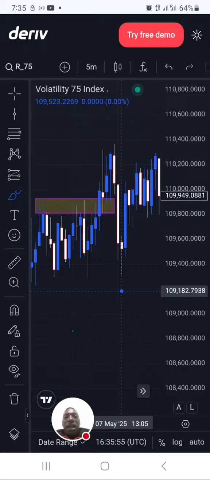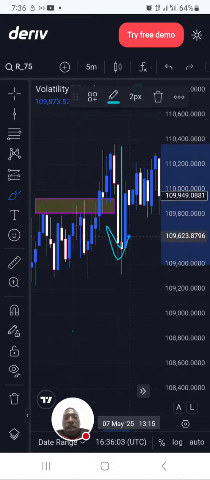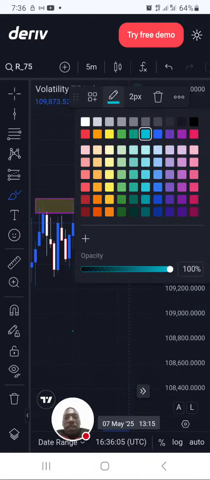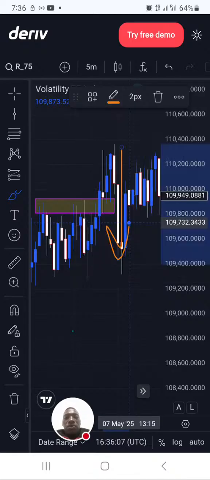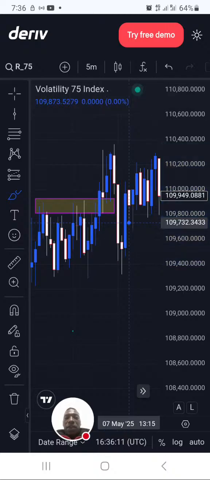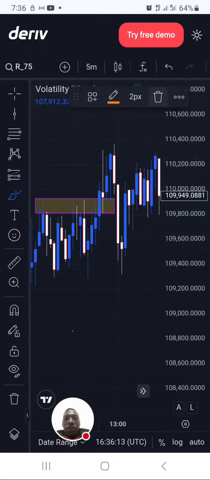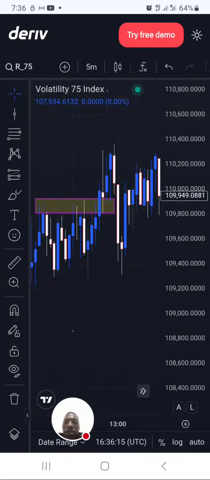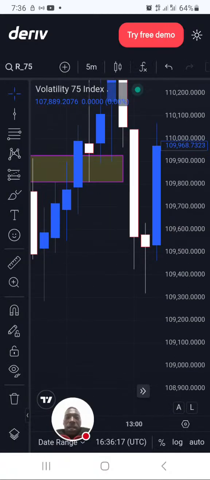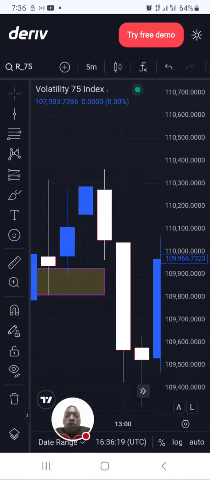Identify our last bullish candle, or last buy candle, which led this move to go down. What made this move go down? I mean that one. This is our candle here, which led the move to go down.